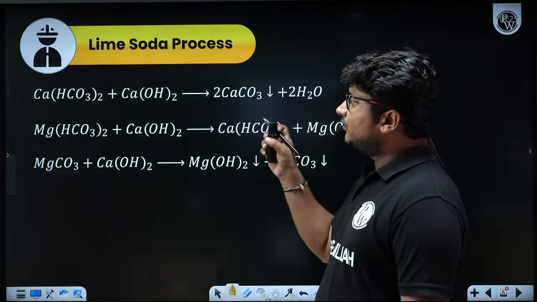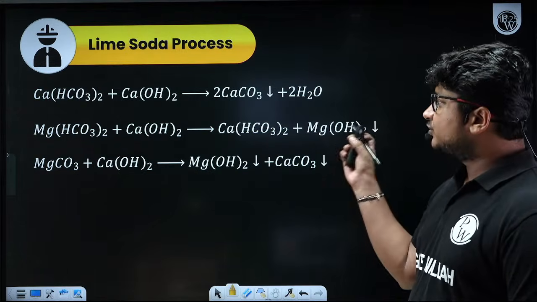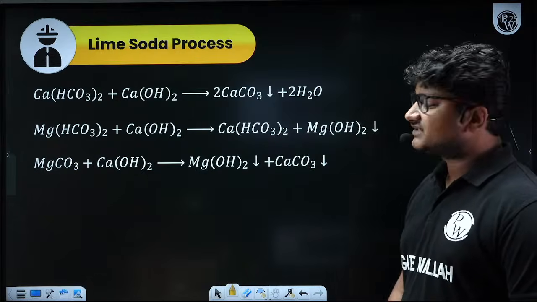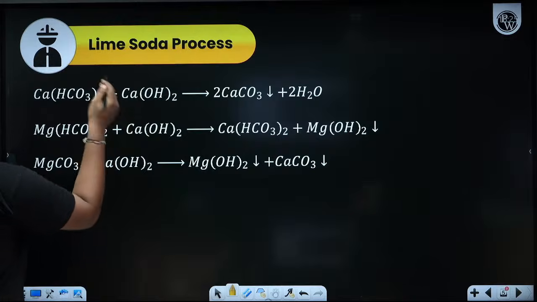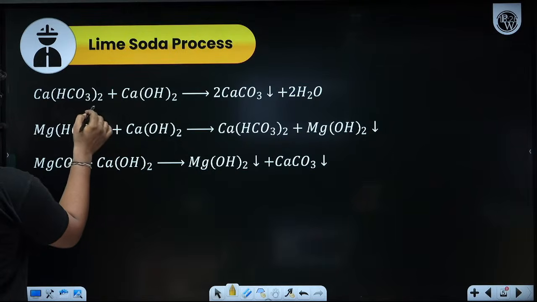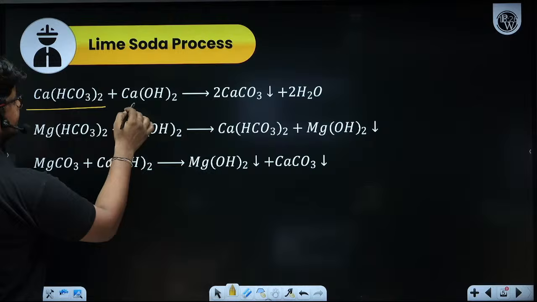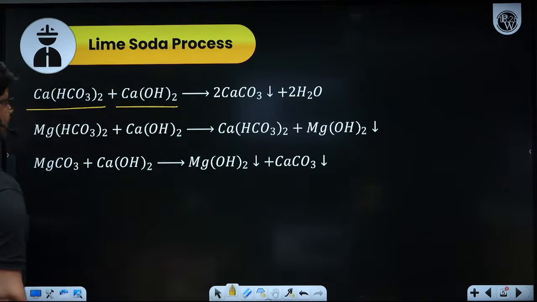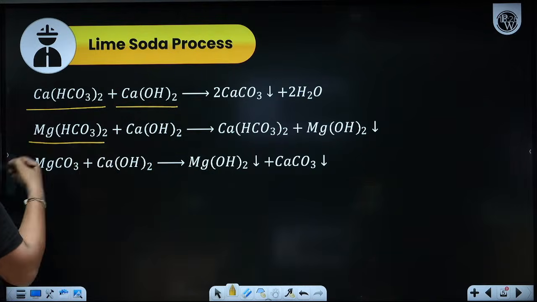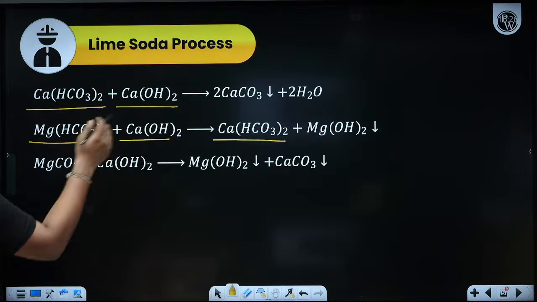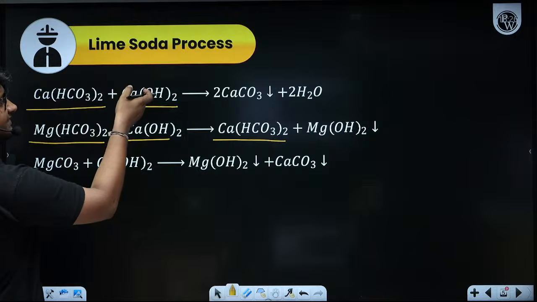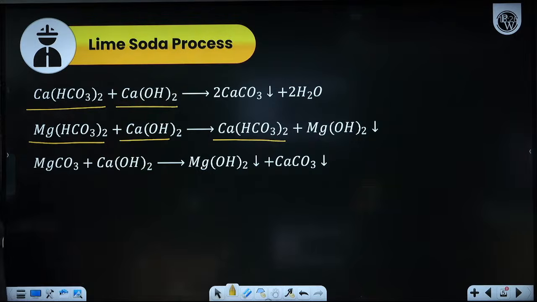Now if you talk about the lime soda process, the first one is the lime process. Just now you have seen the effect of lime here. With a simple lime process, calcium bicarbonate gets converted into calcium carbonate, and magnesium bicarbonate gets converted into calcium bicarbonate, and then this calcium bicarbonate will again react with Ca(OH)2 to form calcium carbonate.